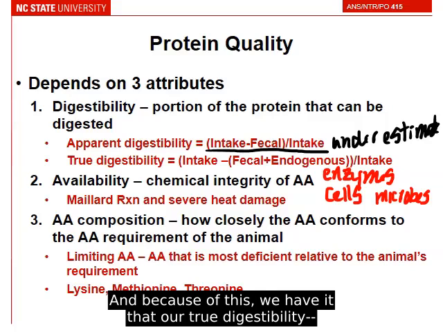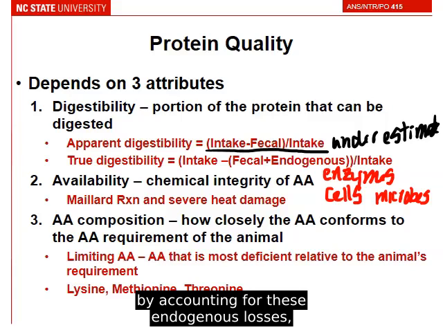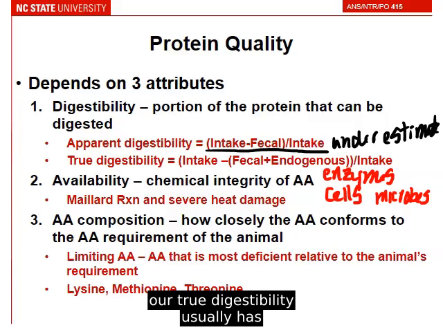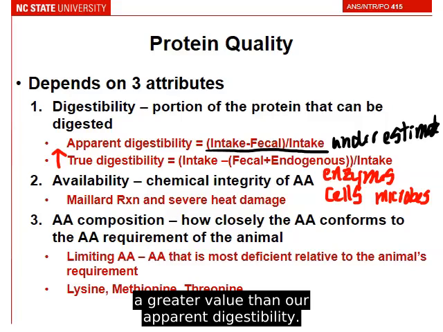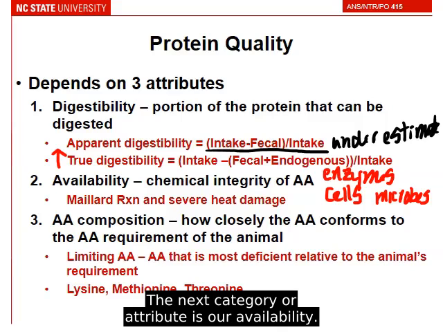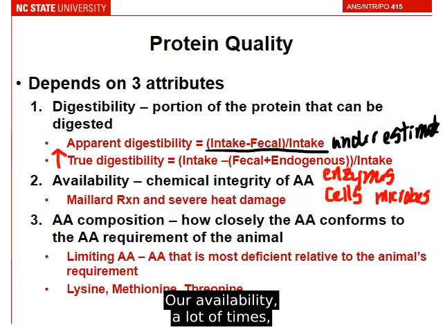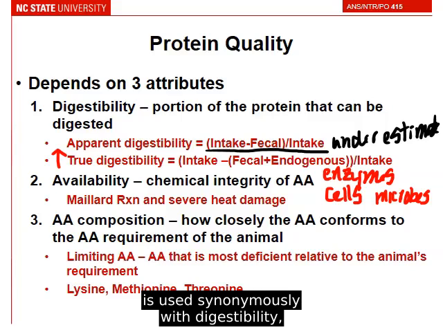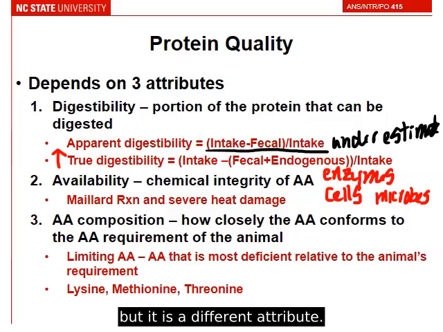And because of this, by accounting for these endogenous losses, our true digestibility usually has a greater value than our apparent digestibility. The next category or attribute is our availability. Our availability a lot of times is used synonymously with digestibility, but it is a different attribute.